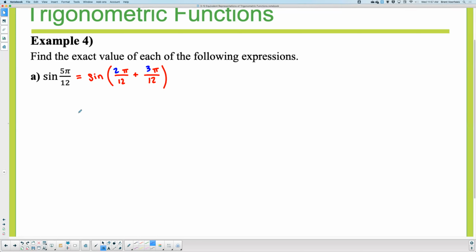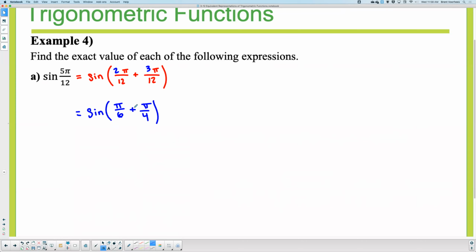So what I'm going to do is I'm going to find sine of, what's 2 pi over 12 reduced to become? Pi over 6 plus 3 pi over 12 becomes pi over 4. And now I can use my hand trick to solve this. Now you need to know the formula. Here's how the formula looks.